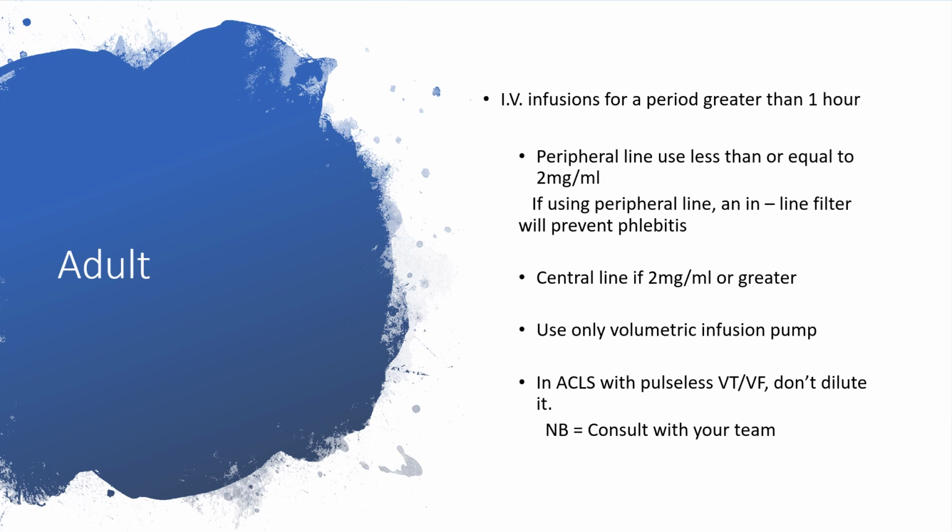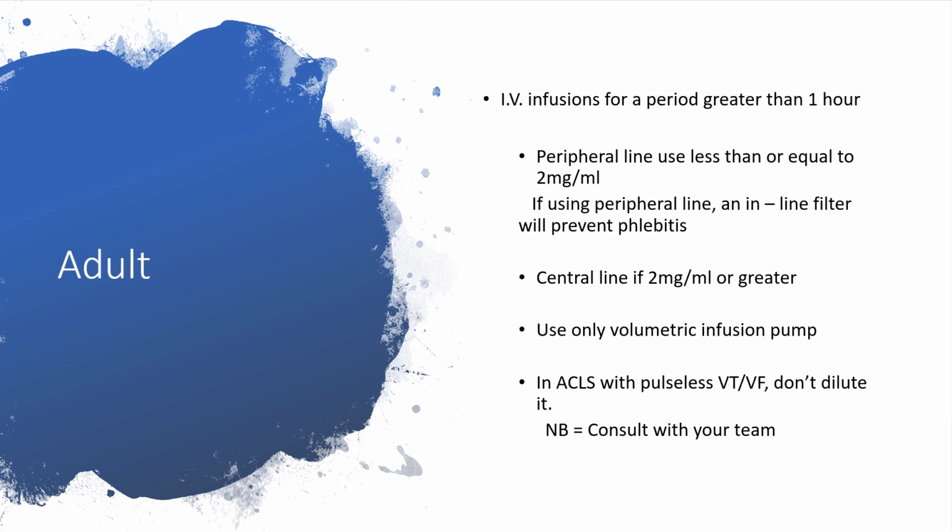And if we're using a peripheral line, an inline filter will prevent phlebitis. Let me repeat. If the line you are using for your amiodarone intravenous infusion is a peripheral line, you cannot give more than 2 milligram per ml, okay?